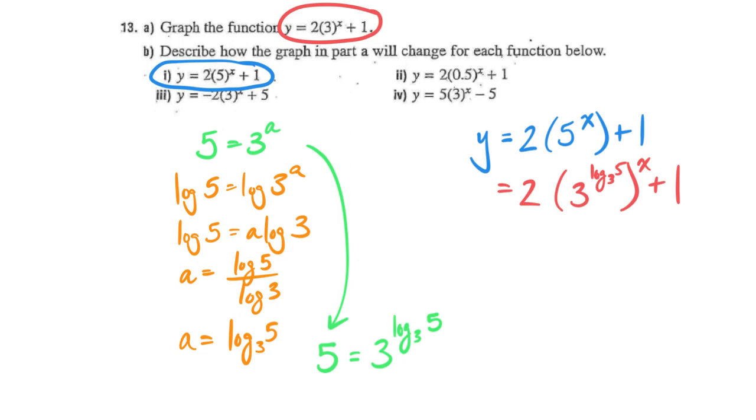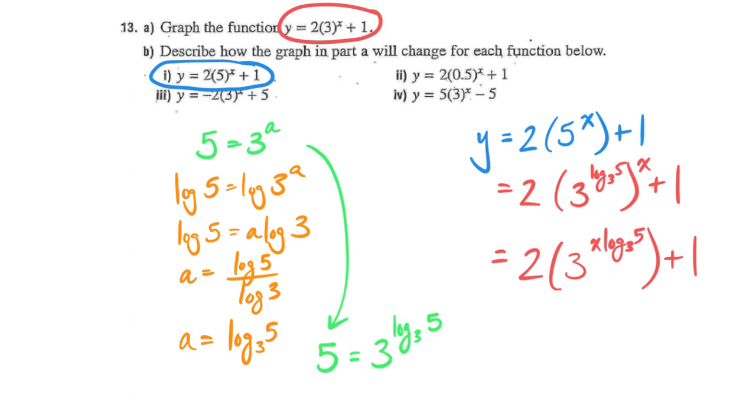Okay, look inside. You have a power all raised to the exponent x. Well, if I have a power raised to another exponent, then I multiply those exponents. I am going to write that as x log 5 from base 3 so that I don't require brackets and have no confusion over whether that x is inside the log or not.